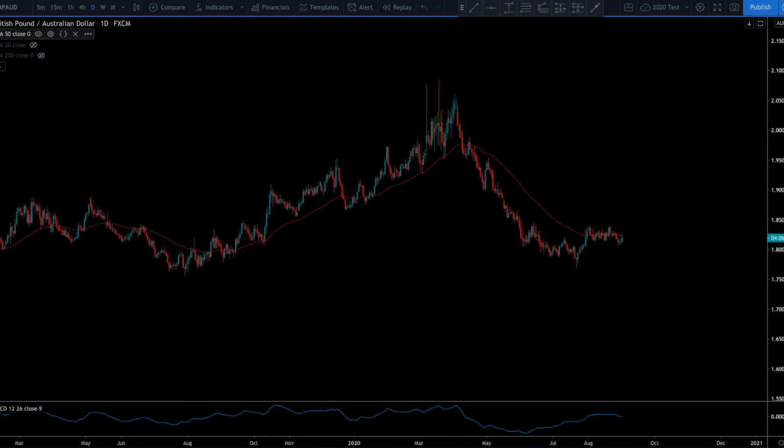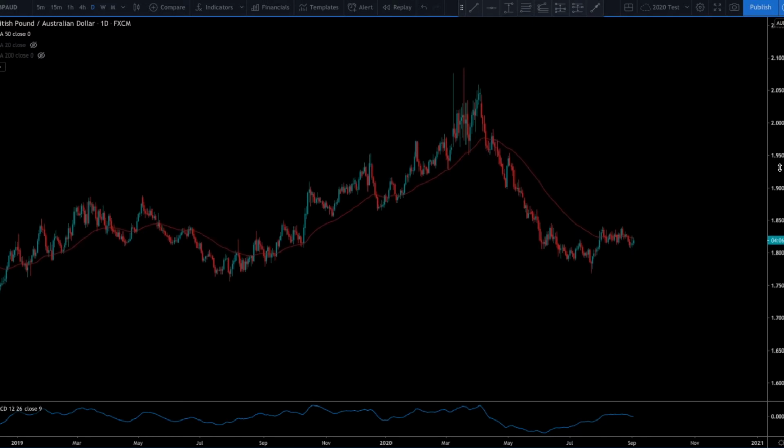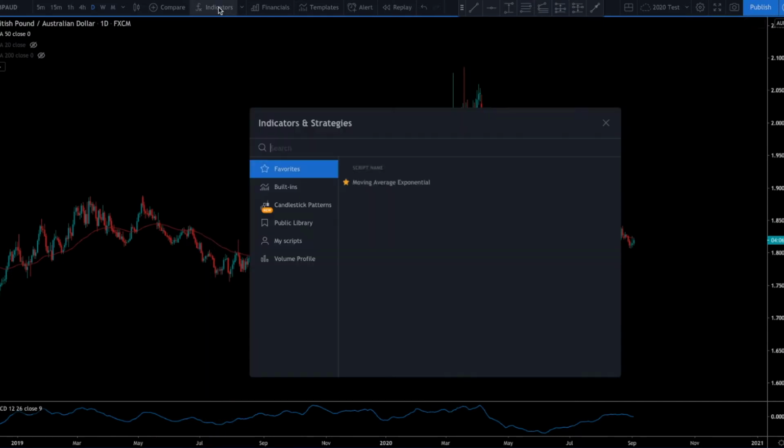In this example, I have the pound Aussie dollar, and I have a 50 EMA line already set up on the chart. On TradingView and most charting software on your broker or whatever software you use, you can search your indicators.